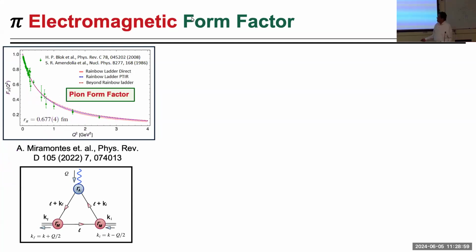But what one discovers is that once we have those models, with their model parameters fixed to get the right pion decay constant and, say, the right charge radius, then there is not a lot of freedom left. And what you see is that different variations give you the results of the pion form factor.